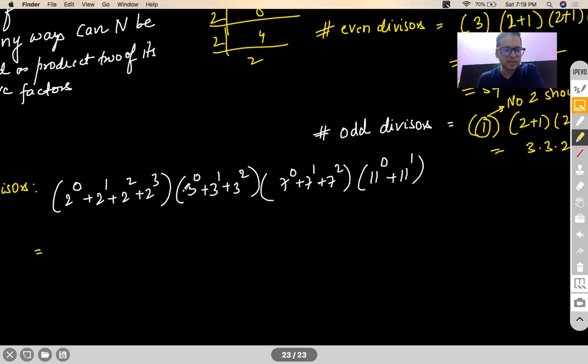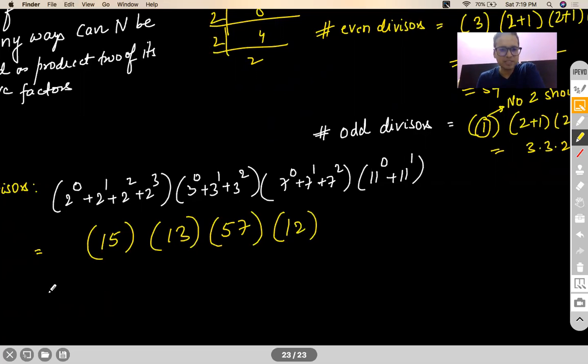So let's find the sum out. This is going to be 2 to the power 4 minus 1, which is 15. This is going to be 9 plus 1, 10, 10 and 13. This is going to be 49, 50, 57. This is going to be 12. How much is this product coming out to be?